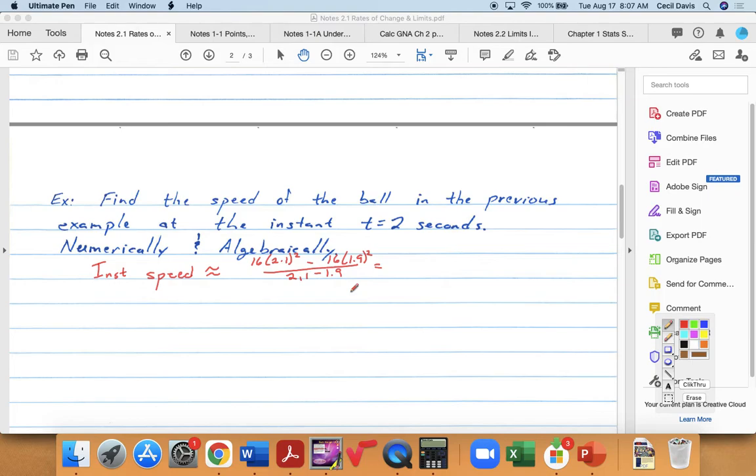I need to just put my calculator up here. I think it's back here on my desk. So let's see. If I do 16 times 2.1 squared, you should be doing this too instead of just waiting for me to do it, minus 16 times 1.9 squared, divided by 0.2.